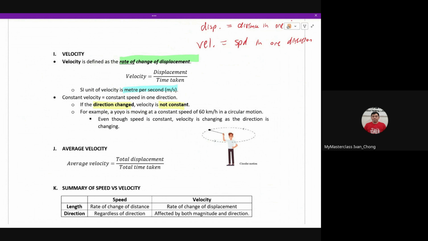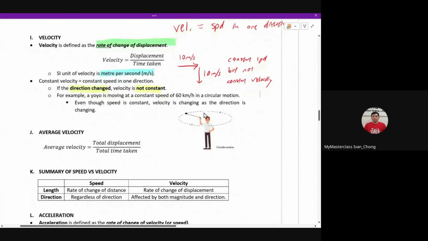So for example, if you move this way at 10 meters per second, then change direction and move at 10 meters per second, this is constant speed, but not constant velocity. Because velocity needs you to only move in one very specific direction. So for you to have constant velocity, you can only move in one direction at that fixed number. Okay?